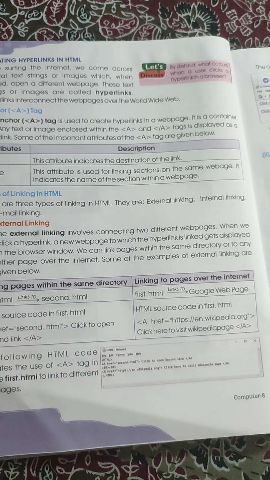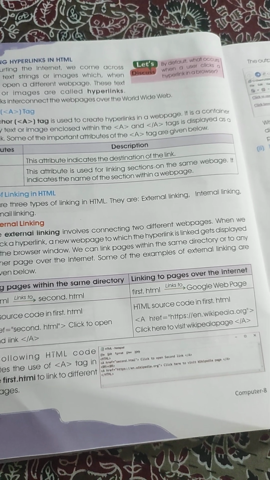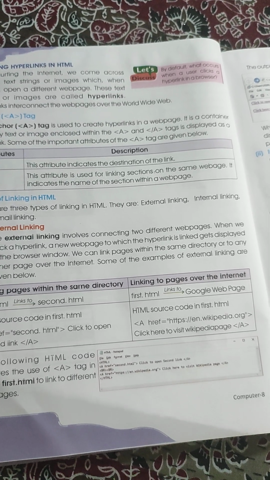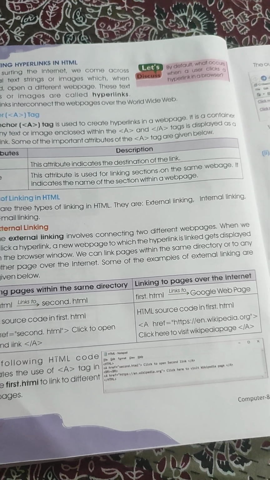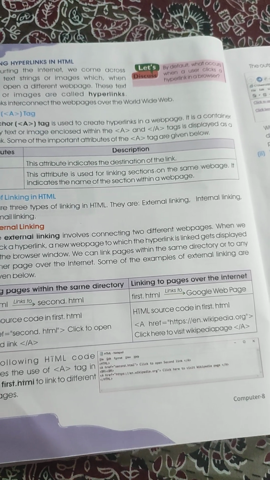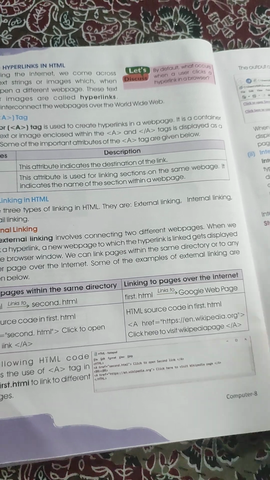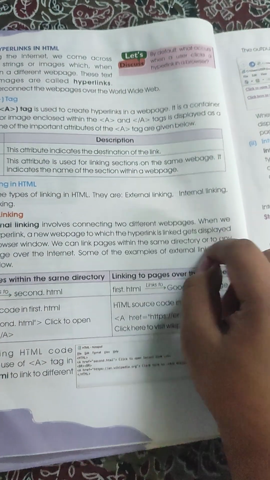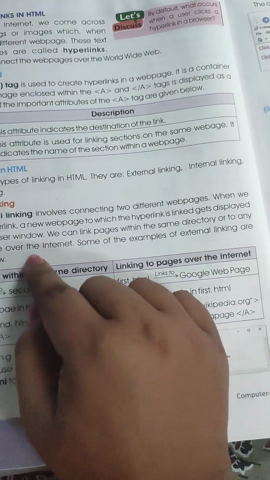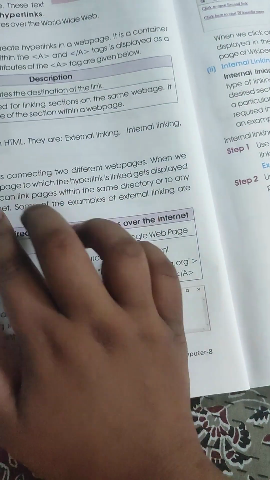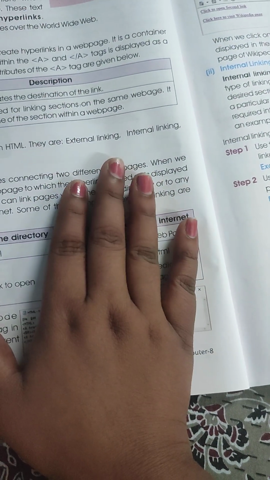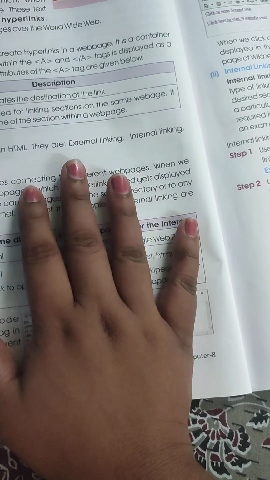That is, when we connect two web pages, we will use external linking. So we can link pages within the same directory or to other pages over the internet. Okay, so you have understood the external linking.